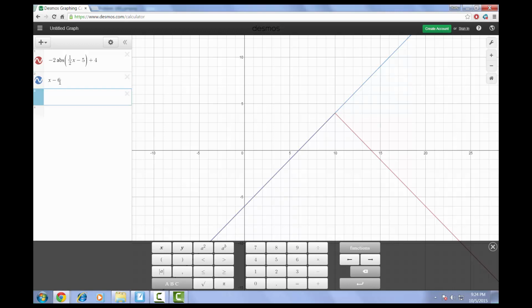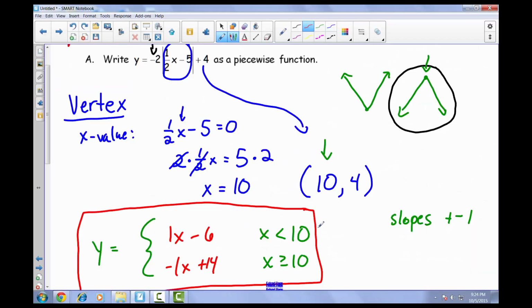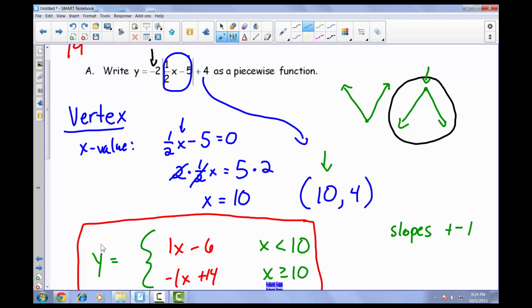And then to get our other part of the piecewise function, we had negative x plus 14. And then there you can see where they are totally covering that red with both parts of that piecewise function. So again, this would be your piecewise function for 19A from our Chapter 2 targets.